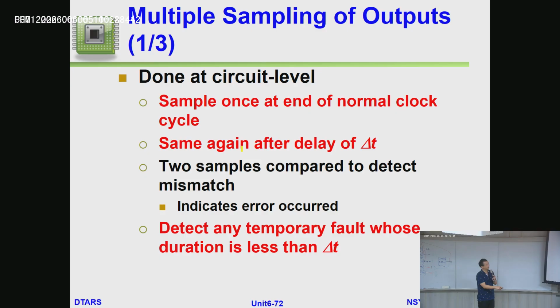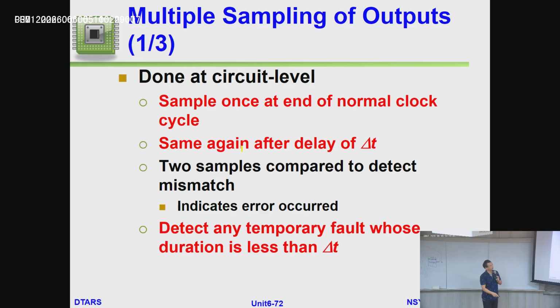If there is a temporary fault, it will affect your output, but the duration that it affects your output is less than delta t. Then after a delay of delta t, you sample the output again, and you will find different results. So that is its limitation.